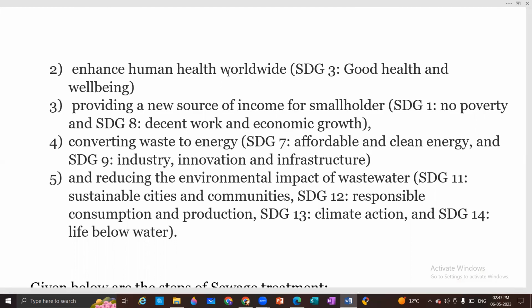This will help in achieving SDG 3, good health and well-being. It can also be a new source of income because it can provide a lot of jobs, thus achieving SDG number 1, no poverty, and SDG 8, decent work and economic growth.